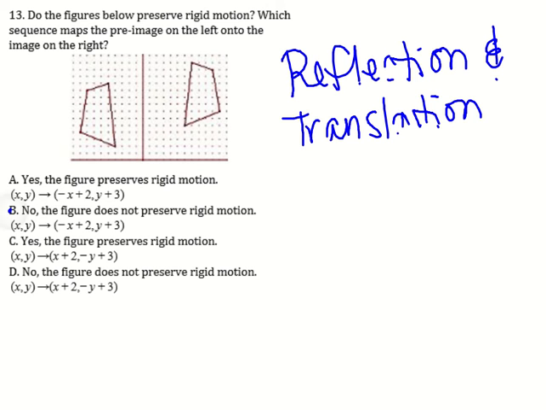So we decided that yes, it preserves rigid motion because it was only a reflection and a translation. Now we need to decide what the rule is going to be, and how I'm going to do that is look specifically at the reflection.